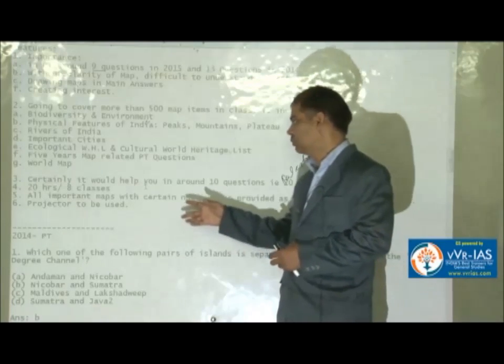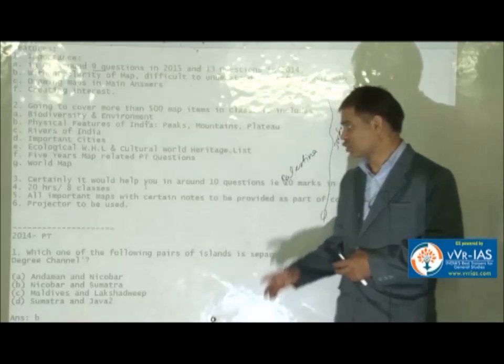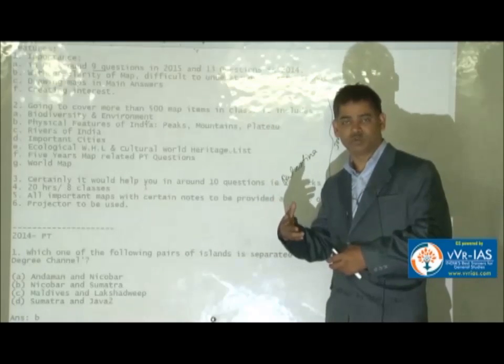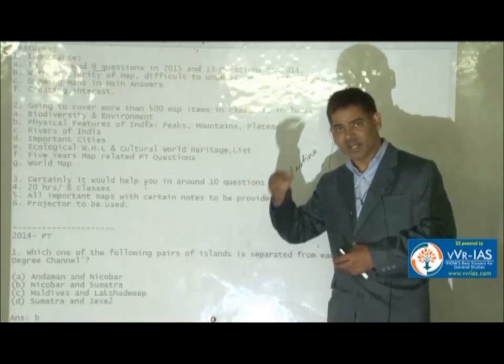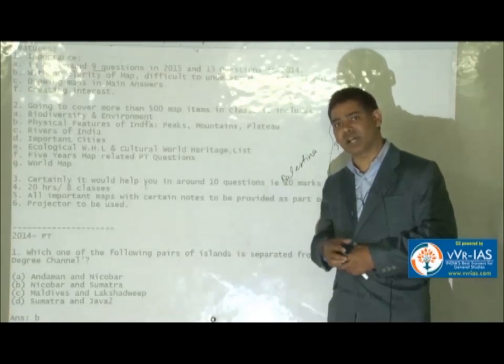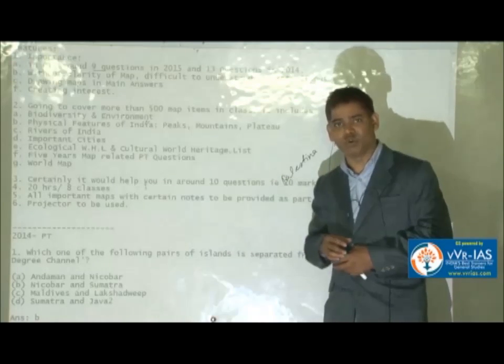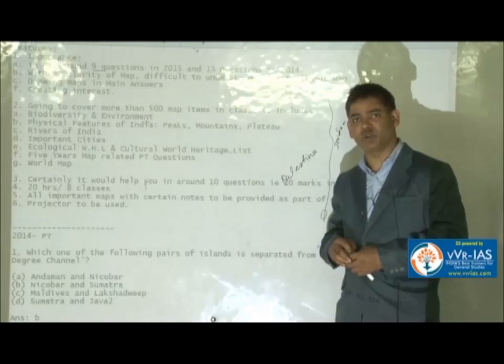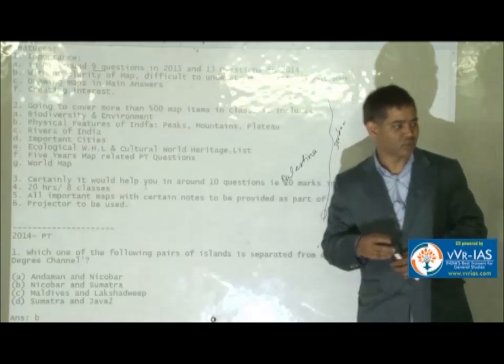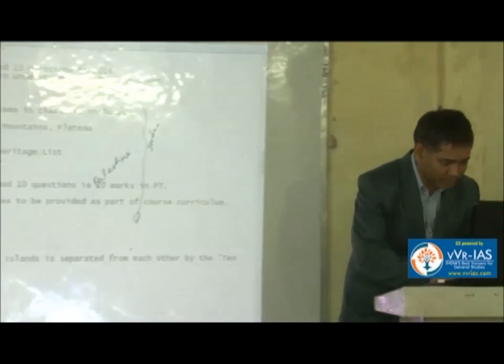Now, the projector will always be used in our class so that it will be easy for you to develop understanding. Let me show you where we have collected 75 different national parks. Okay, then I will move to the PT question of 2015. Okay, so let us come to the national parks now.